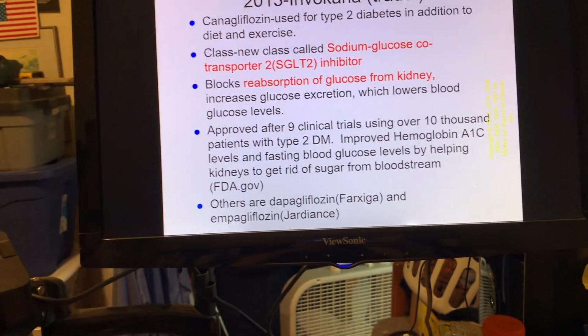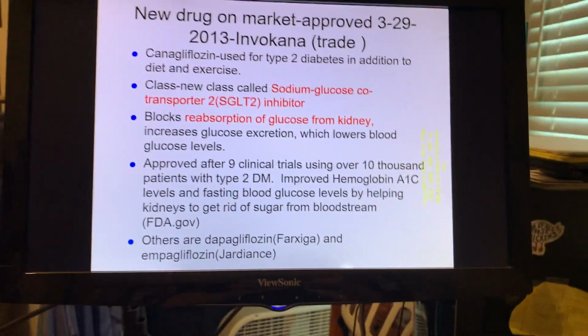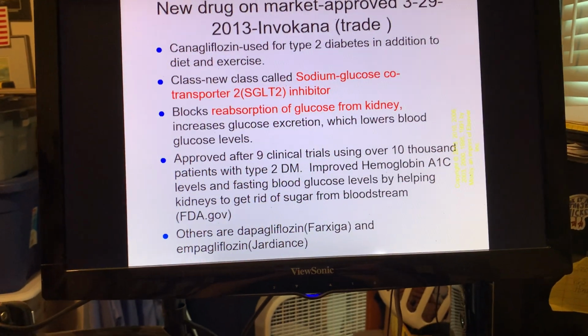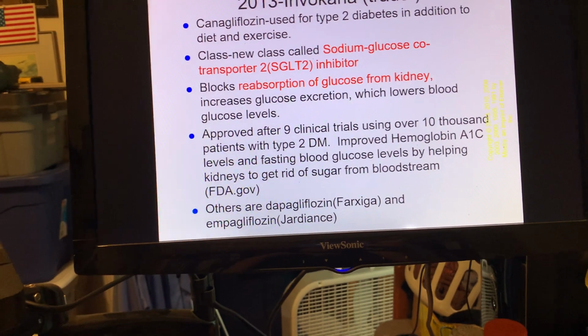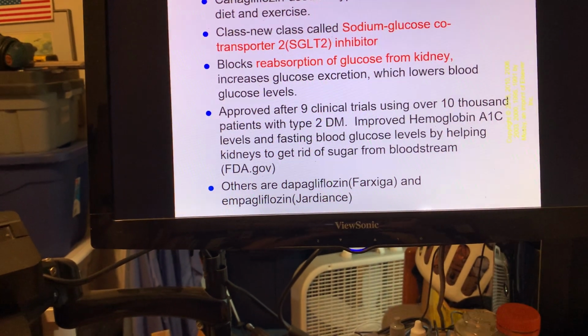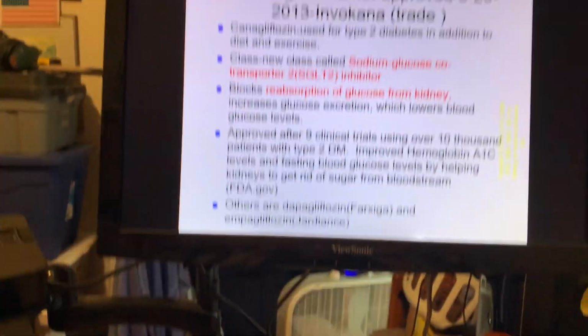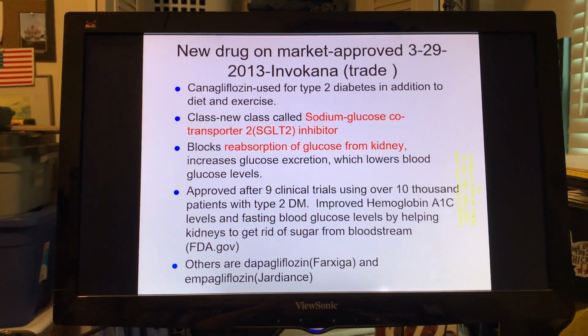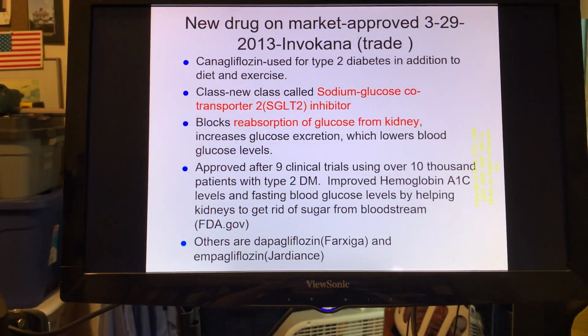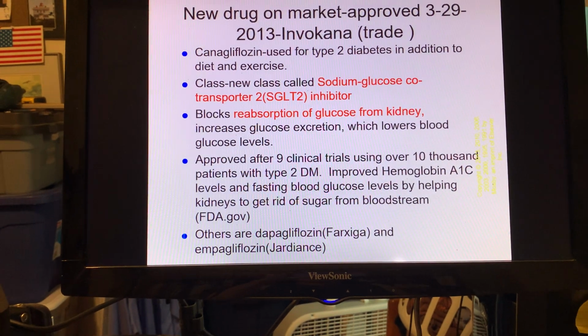This was a very thoroughly resourced medication. They did 9 clinical trials. They tested over 10,000 type 2 diabetics and found that it was a really pretty effective way of lowering blood glucose. It improved your HbA1c levels.